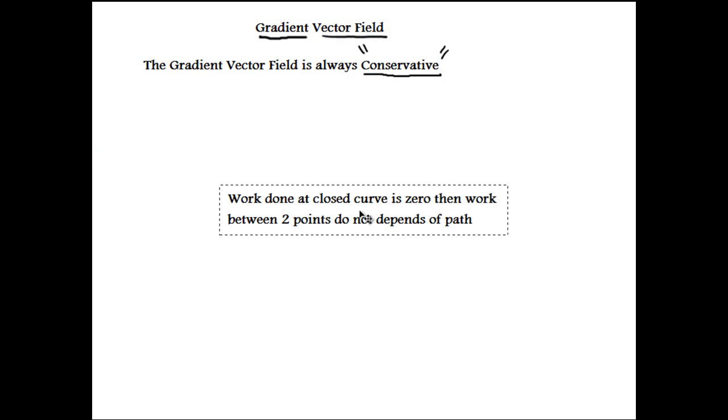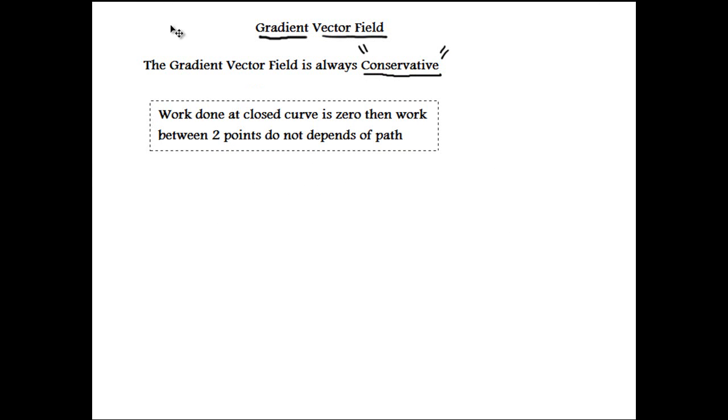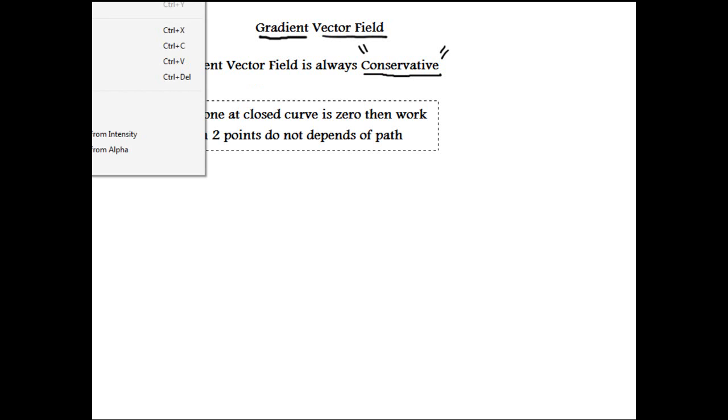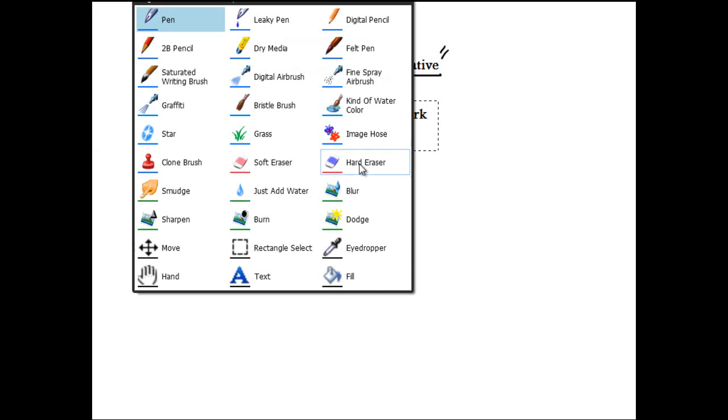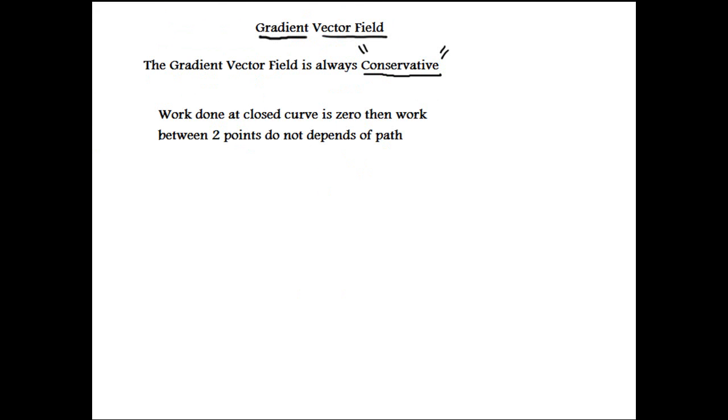What does conservative mean? Conservative means that the work done along a closed curve is 0, then the work between 2 points does not depend on the path. Okay, let me explain this idea in English.